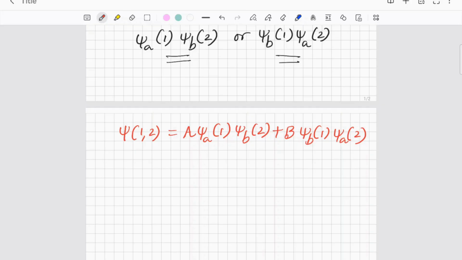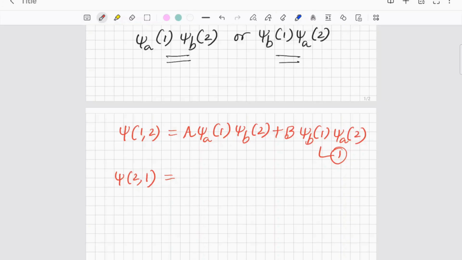Now let's say we exchange 1 and 2. So we have exchanged these electrons. What would be the new state? The new state would be psi 2, 1. Let's number the previous equation as 1.